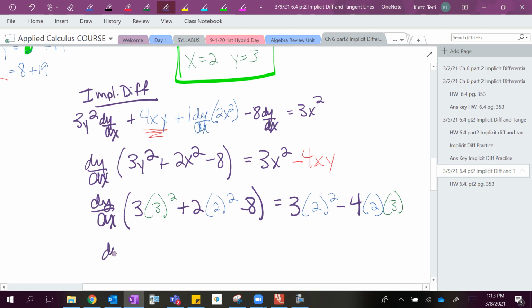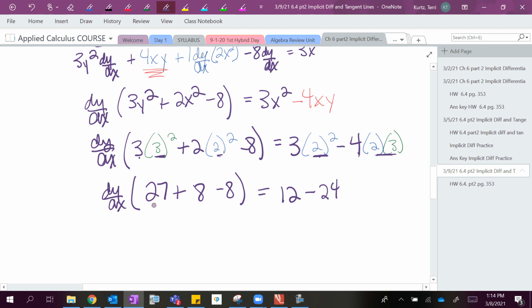So now I get dy/dx. 3 times 3 is 9, times 3 is 27, plus 2 times 2 is 4, times 2 is 8, and then minus 8 equals 2 squared is 4, times 3 is 12, minus 4 times 3 is 6, times 4 is 24.